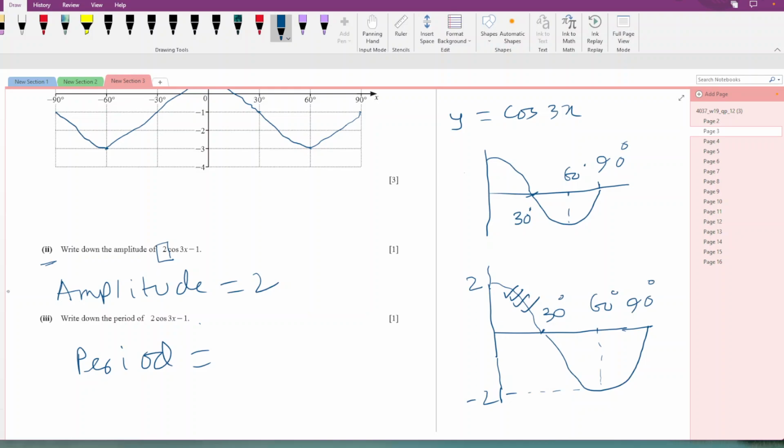Therefore, for cos 3x it is 360 multiplied by 1/3, which is 120°. Now write 120°.